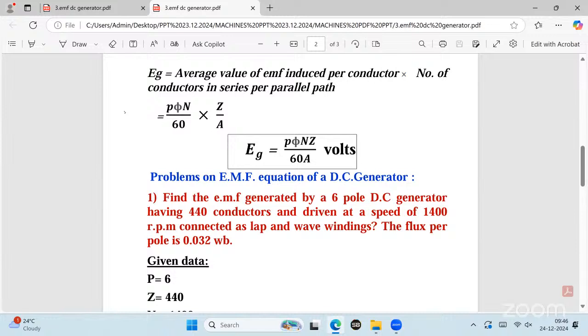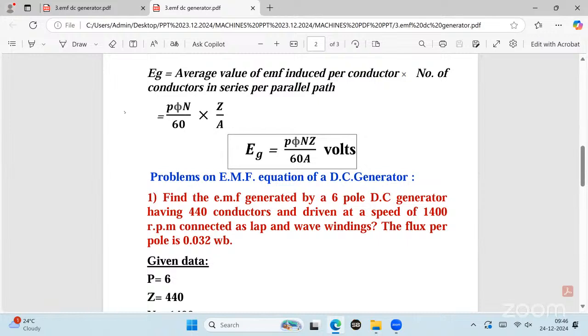Next, come to Z. What is Z? Number of conductors which are placed in armature slots. We are placing the copper wire in the armature slot. Copper wire means armature conductor.